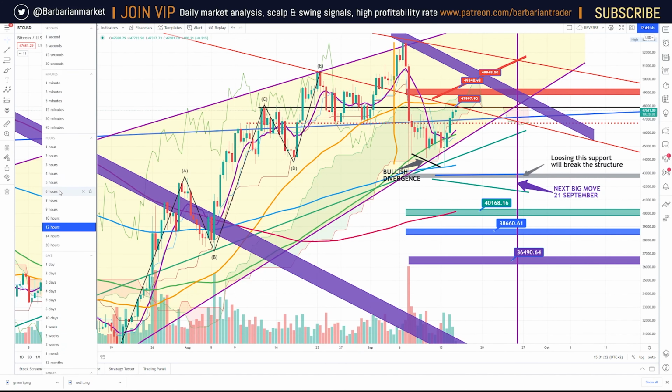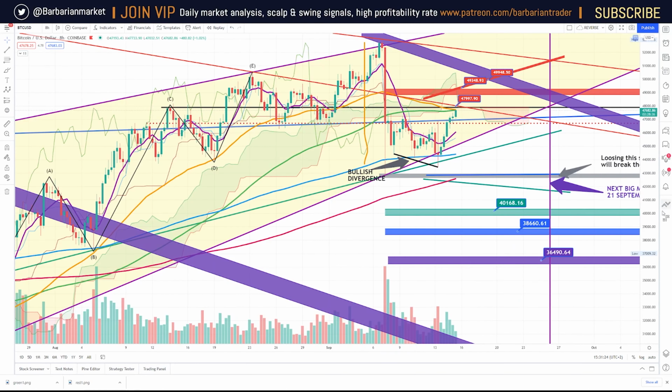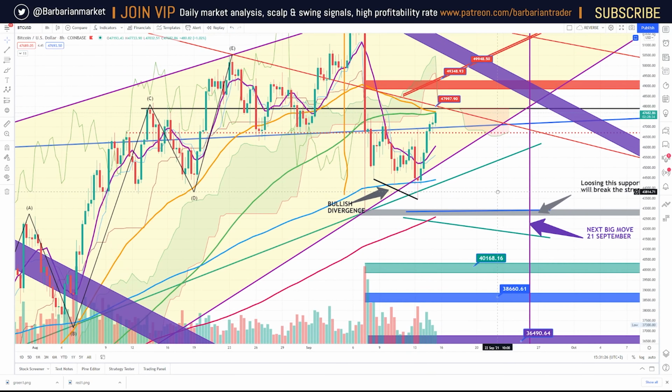As if we look at 8 hours, we just came to the 50 moving average and 100 moving average. So they're about to cross, which might put some selling pressure on the Bitcoin.